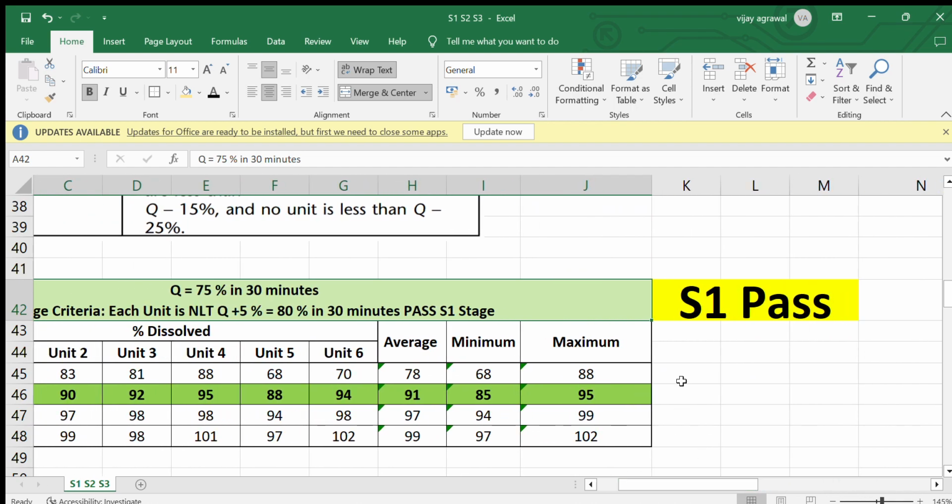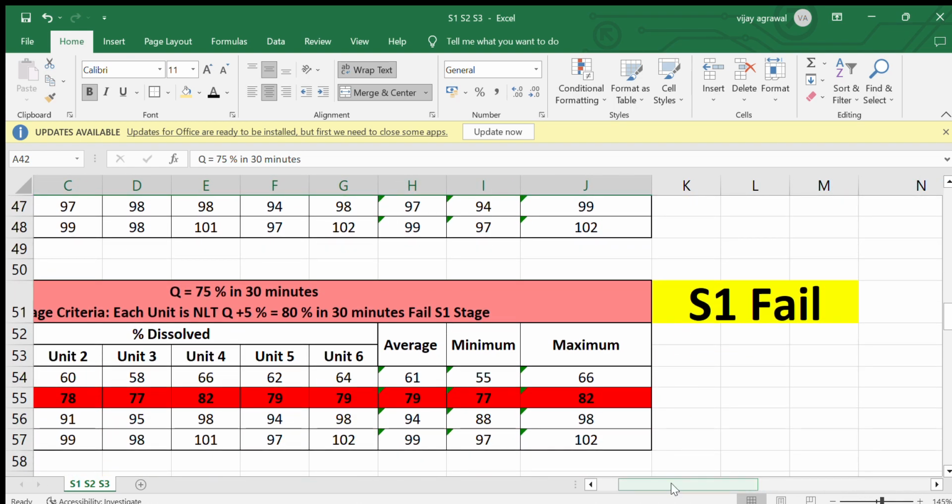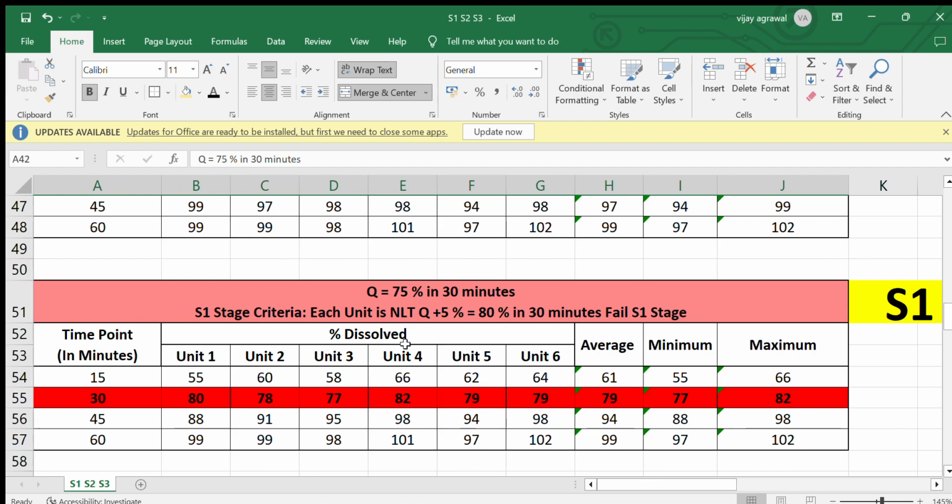Now let's see when this S1 test will fail. First unit is 80%, another unit is 78%, 77%, then 80%, sorry 82%, 79, 79. So some of the units are less than 80%.